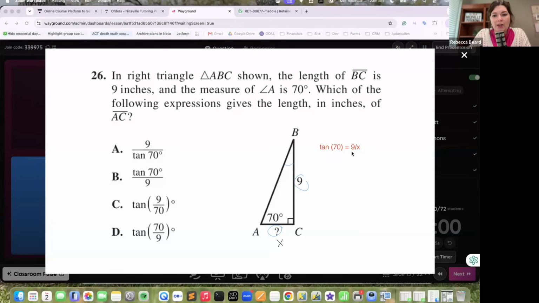You've got to clear x from the denominator, so you multiply by x. That turns into x tangent of 70 equals 9, which we are clearly not done with. Then you need to do the last thing, which is divide by tangent of 70, making the answer A, which I think a majority of y'all got.